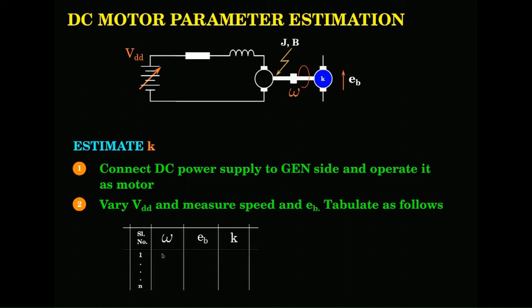You will measure omega, tabulate that, and for every value of omega measure EB, and we know EB is equal to K omega. So, K is EB by omega. You will get n values, again take the average, K is equal to EB by omega, and take the average of each to get K.